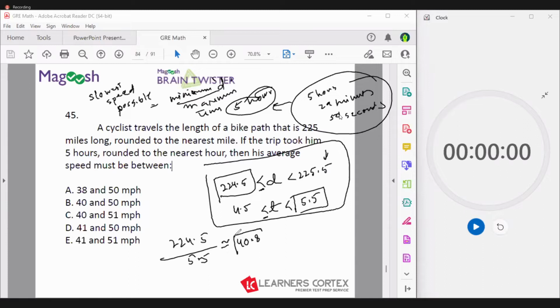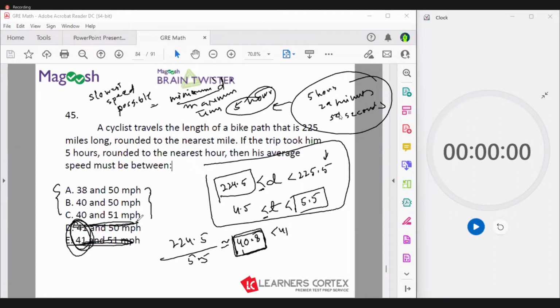Now, if the slowest speed possible is this, then this goes out of the picture, and then this one also goes out of the picture. Why? Because if the speed is less than 41, then these two cannot be the lowest speed. So these three are the only ones which will remain.